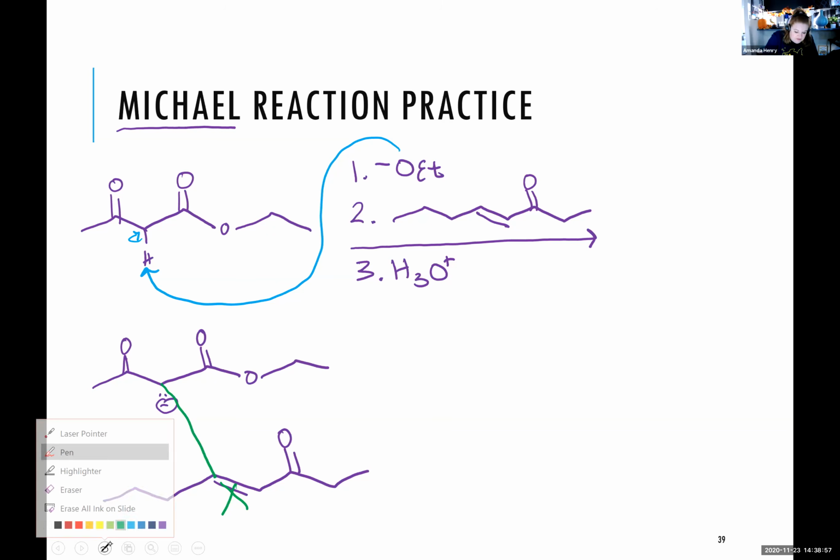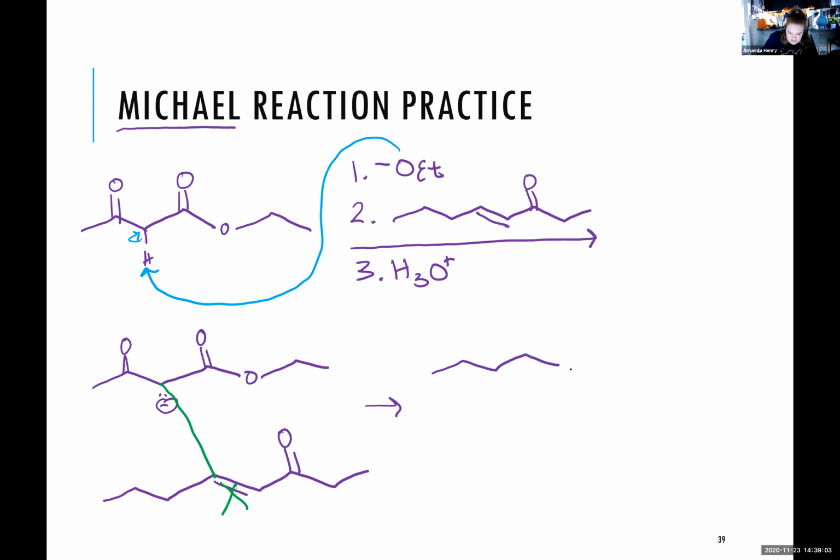That's the new bond that occurs. So this is not quite my final product yet, but it is almost there. One, two, three, four, five, six, seven, eight. So just counting my carbons in what was my alpha beta unsaturated carbonyl to make sure that I didn't lose anybody along the way.